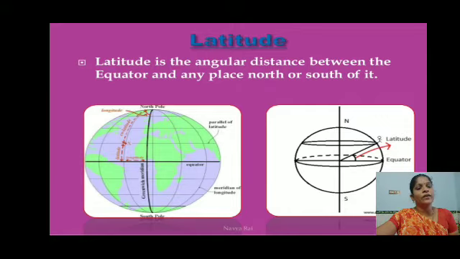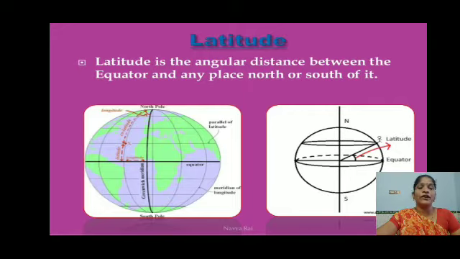Okay, that equator is mentioned as 0 degree. Above 0 degree is called north, that is the northern hemisphere. Below 0 degree is called south, that is the southern hemisphere.